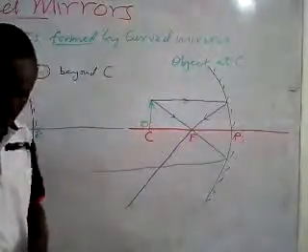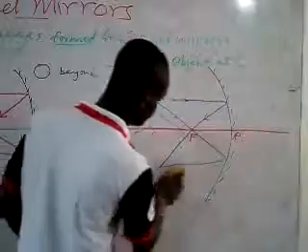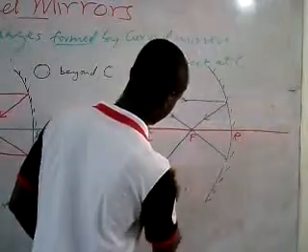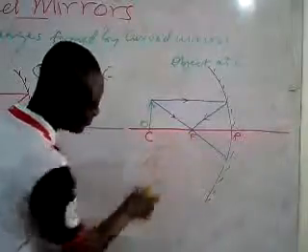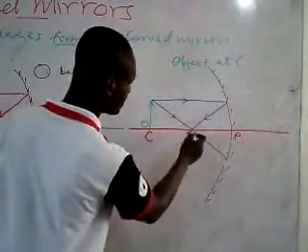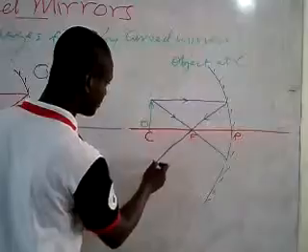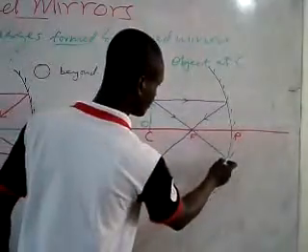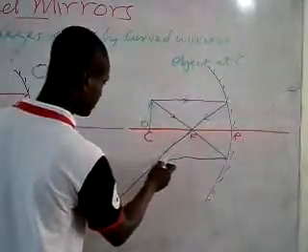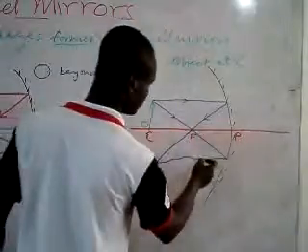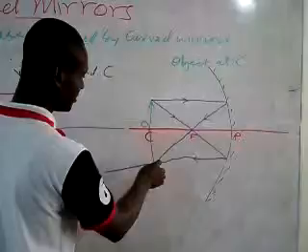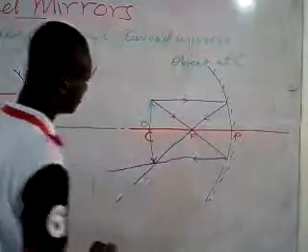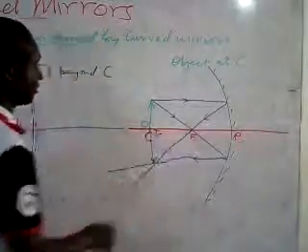Let me adjust my drawing. And you see that the image will also be formed exactly at C.